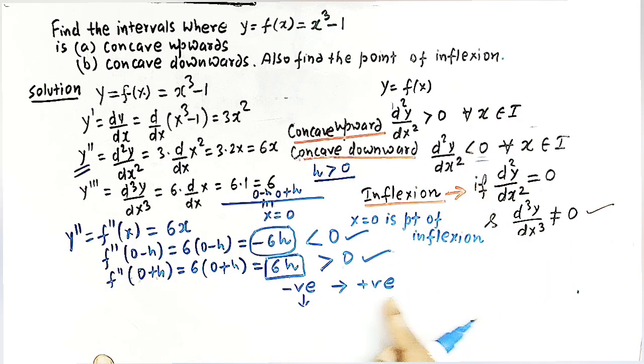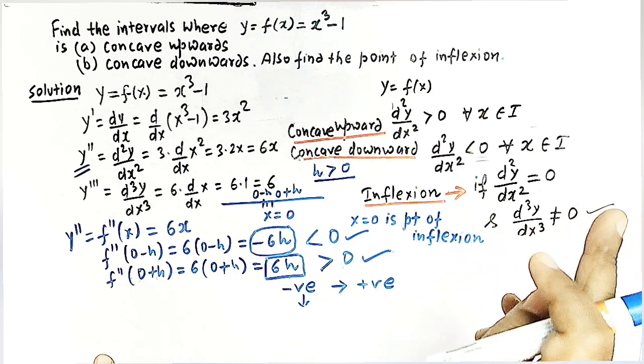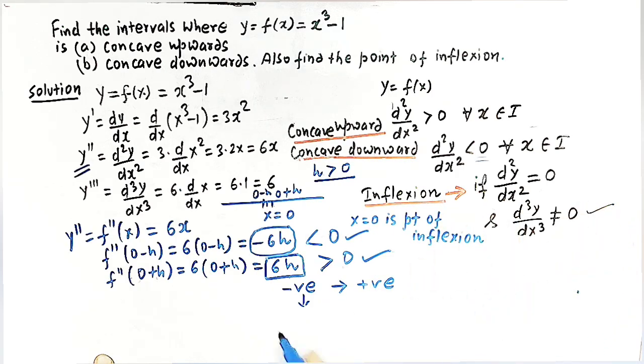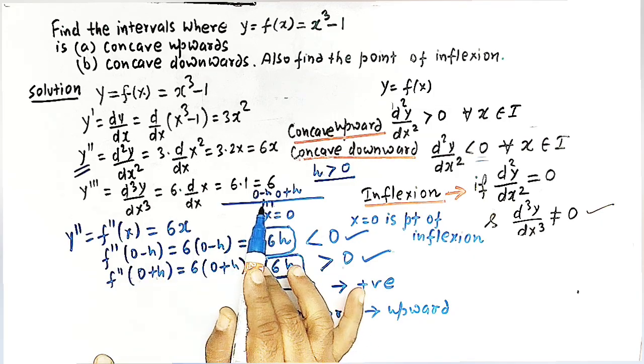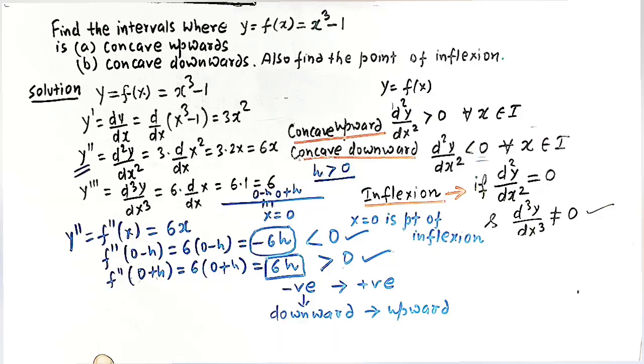So the concavity changes here. That's why x is equal to 0 is a point of inflection, right? So here the concavity changes from downward to upward. Hence, this point x is equal to 0 is a point of inflection, because in the neighborhood of x is equal to 0, the second derivative changes sign.